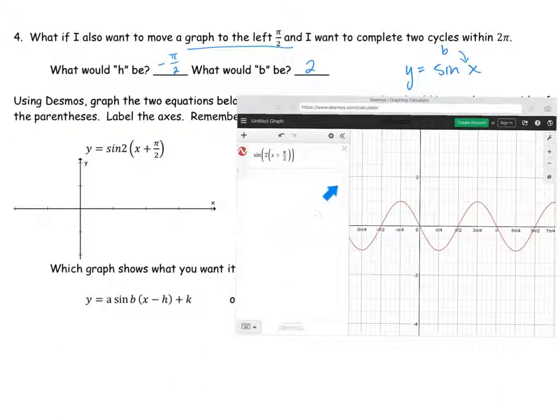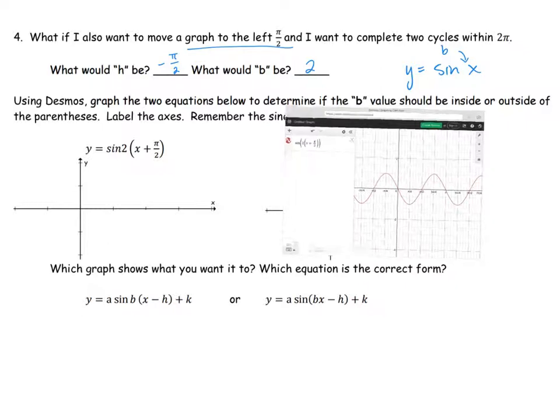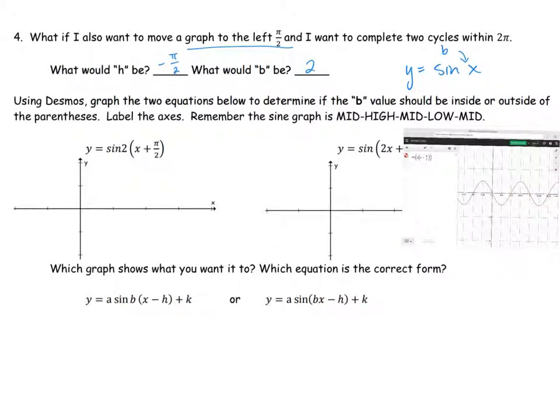And the reason for that has to do with that 2 not being fully factored out. So I need to make sure whenever I write my b value, it's outside of the parentheses with x minus h. I'm not going to mess with the other one. I'll shrink that down. Let you guys do that on your own if you want to.